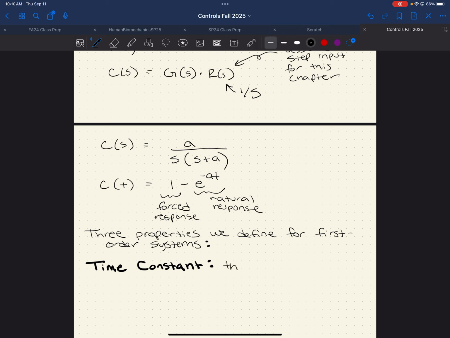We'll say this is the time for the step response to reach 63.2% of its final value.